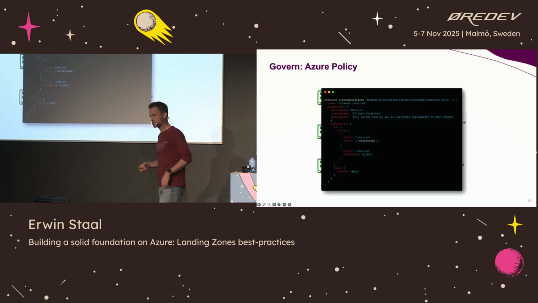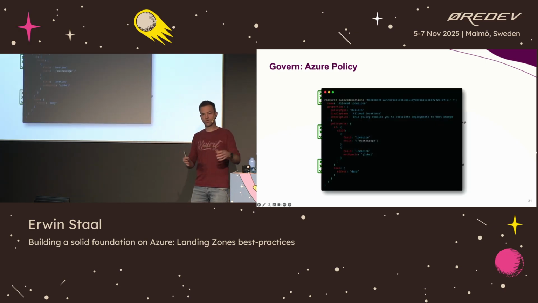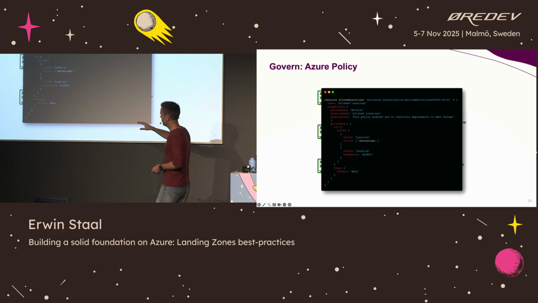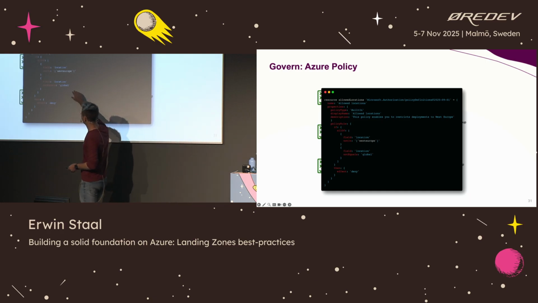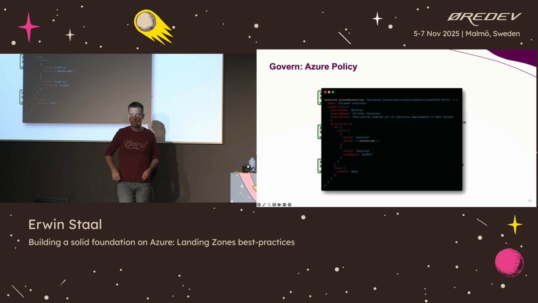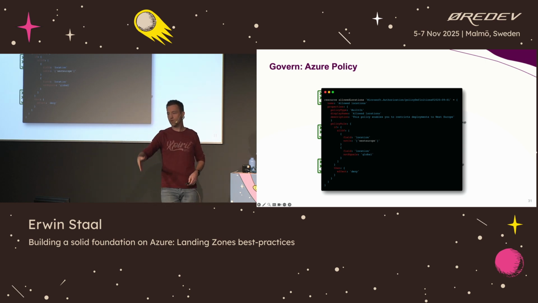So here's an example of a single policy definition. And this definition says, if you are deploying a resource, and this resource you are deploying is not being deployed to Western Europe, then we are going to deny that deployment. So this policy says you can only deploy into Western Europe.